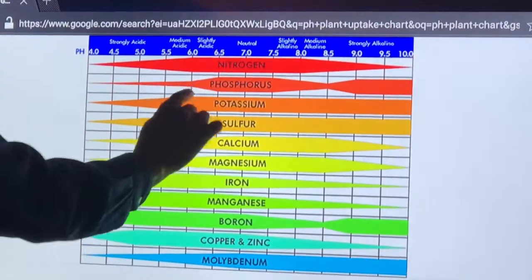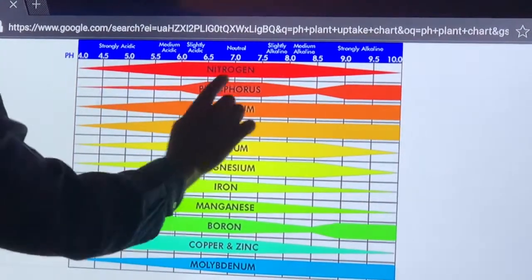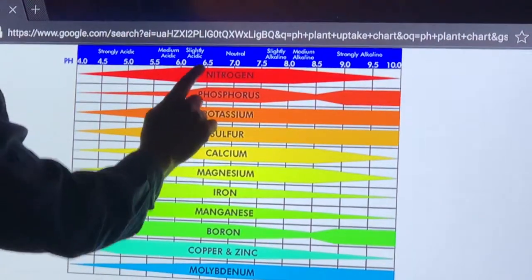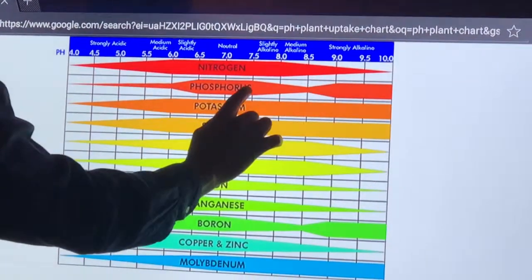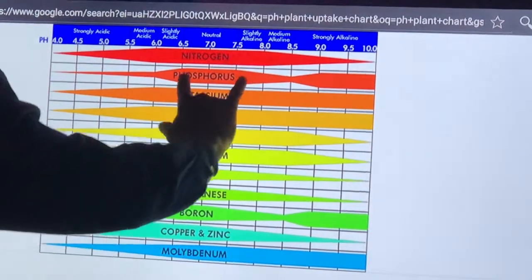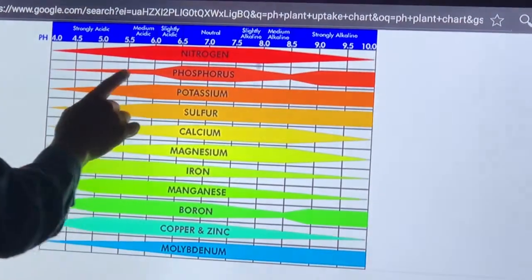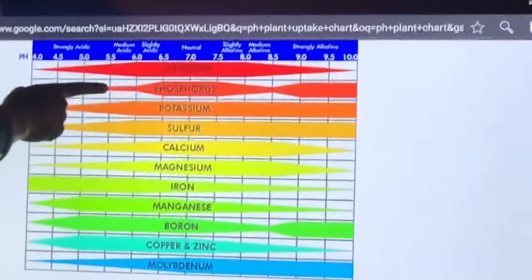You see this thick band right here, then it gets thin? That means that if I want my plant to absorb the most phosphorus, I want to keep my pH between 6.5 and 7.5. That's your thickest band. If I go down here to 5.5, it's not going to uptake that much phosphorus. You see what I'm saying?